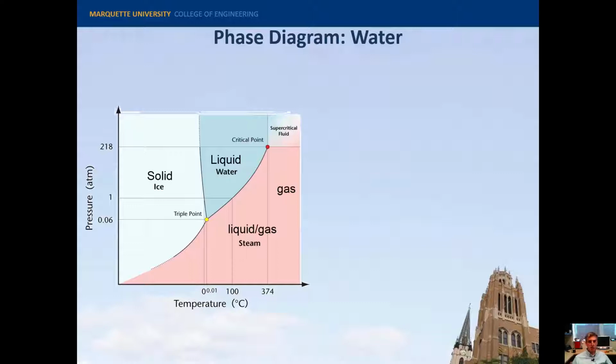All right, staying on the bulk scale, I think you're used to seeing phase diagrams of various materials, and here's a phase diagram of water. It's a pressure-temperature phase diagram showing the liquid, solid, and vapor phases of water. I think water is kind of unfortunate because it has these extra names.